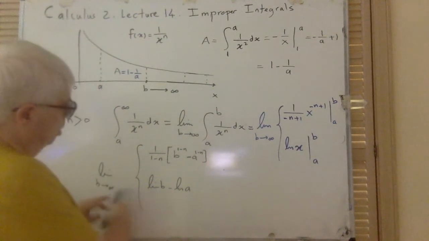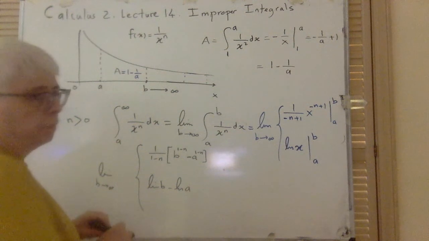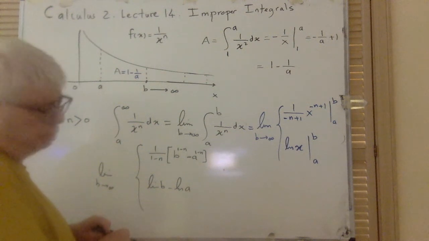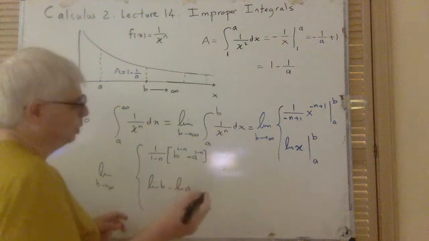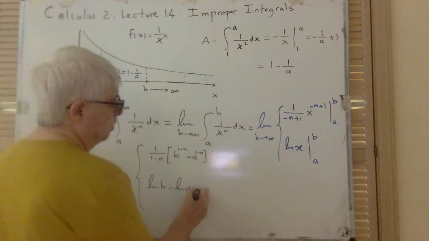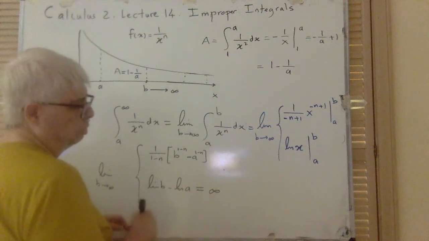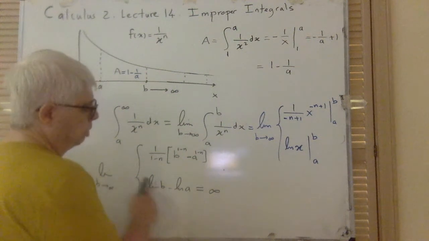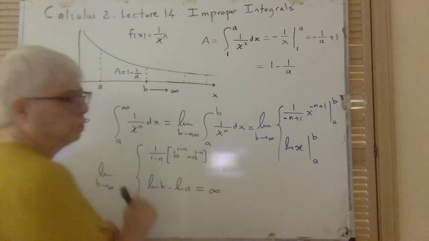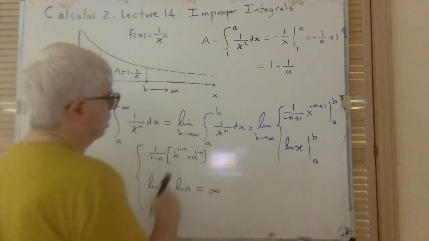Now this one, ln of b, is infinite. You might ask how do we know that? Well, I know that. So this one is infinite. Whether it is positive or negative doesn't matter, because infinite is minus something or plus something, and doesn't change anything.